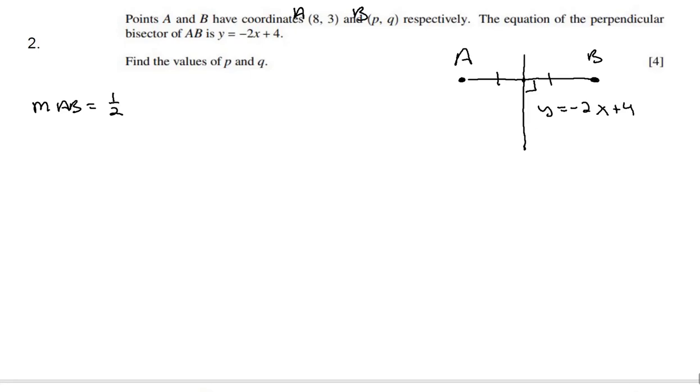And so I've got a slope, and I also have a point that they gave me, point A is (3, 8). And so what I'm going to do now is I'm going to go and find the equation of a line. If you didn't do that already, pause it and find the equation of the line AB.